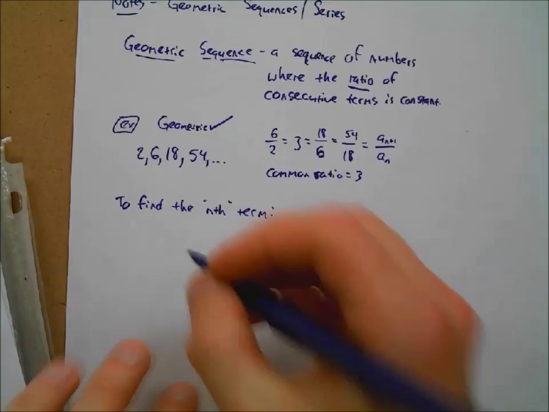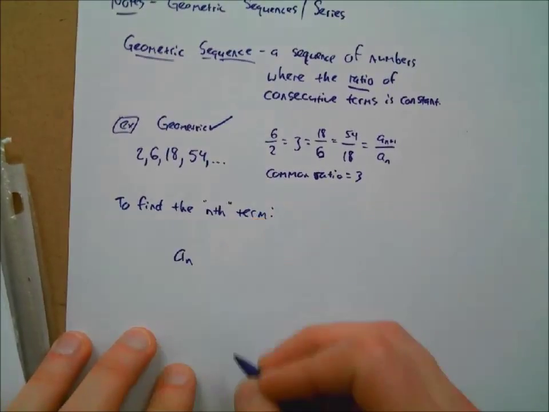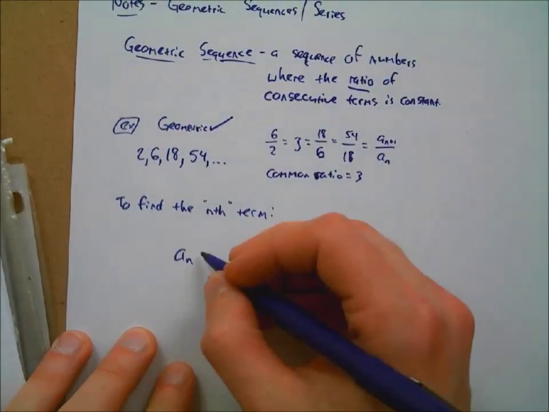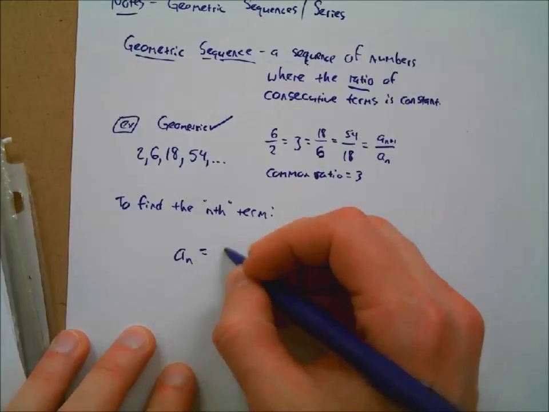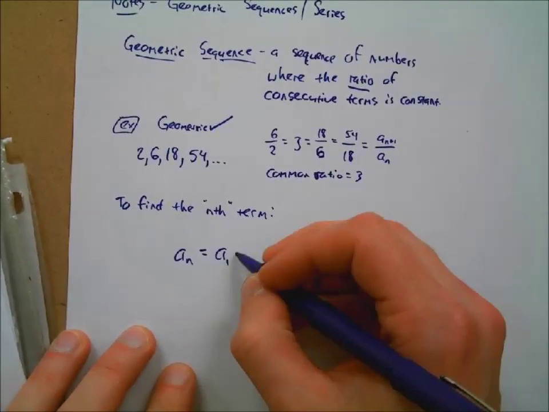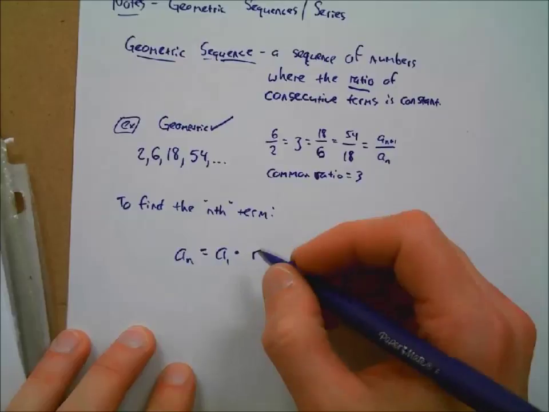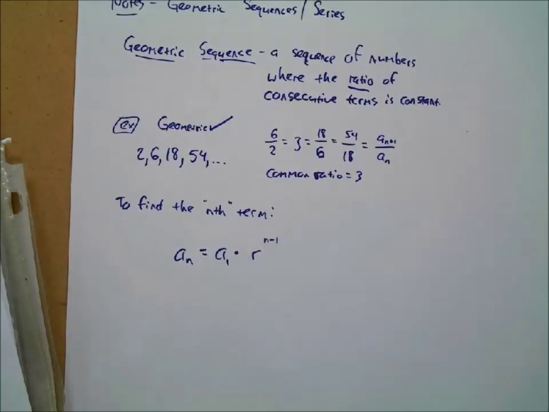So the nth term of a particular geometric sequence will be equal to the first term times the common ratio to the n minus 1 power. So for whichever nth term you want, you're going to have a certain power of the common ratio, and then times your first term, and that'll get you to wherever you need to on your nth term.